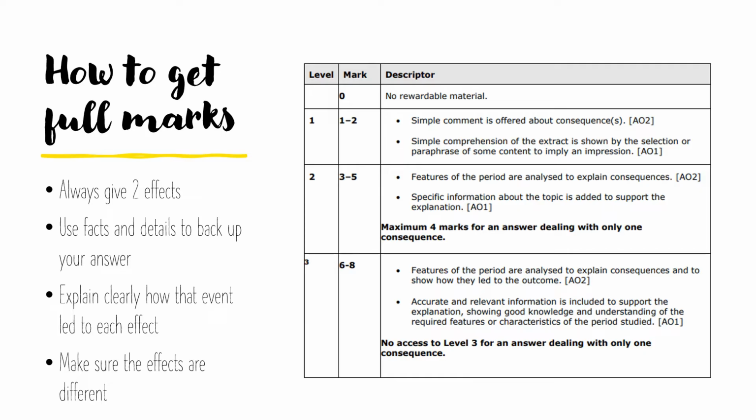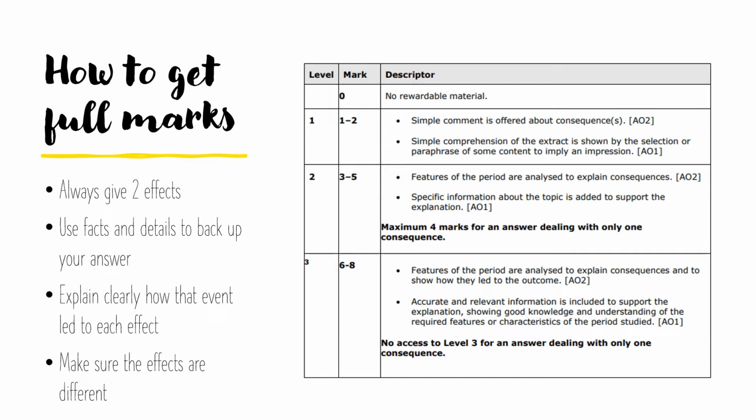Features of the period are analysed to explain consequences and to show how they lead to the outcome, and accurate and relevant information is included to support the explanation, showing good knowledge and understanding of the required features or characteristics of the period studied. So to get 8 marks, you need to fulfill both of those things.